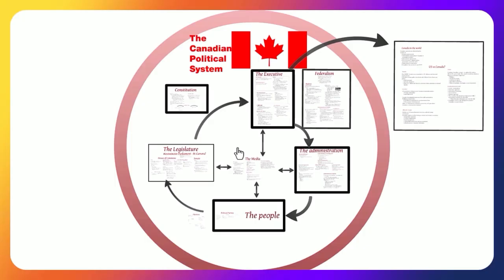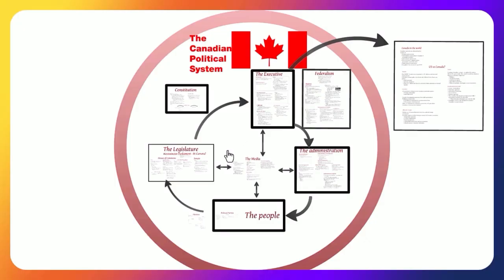So here in Canada, if the executive can't get a budget bill passed, there will be a new election or at least a new executive. The government will fall, and most likely the Governor General will want to see a new election coming. But that's not what would happen in the United States.